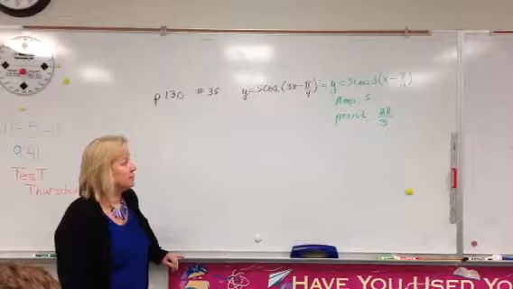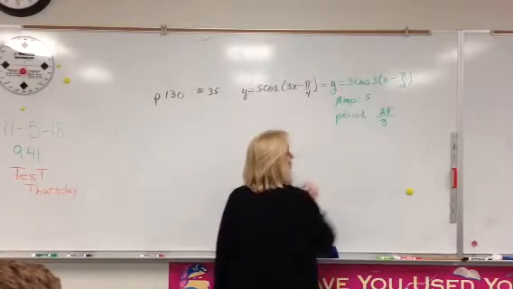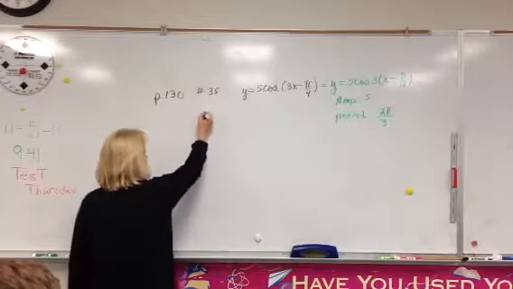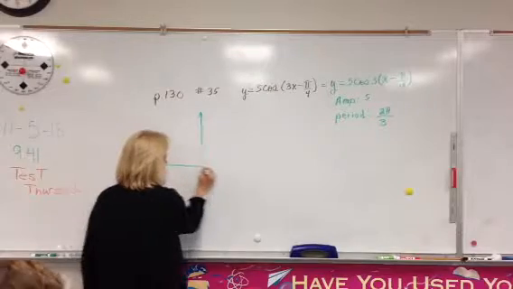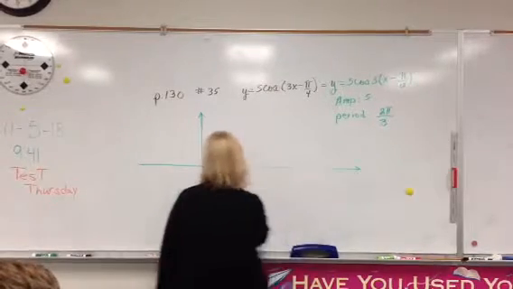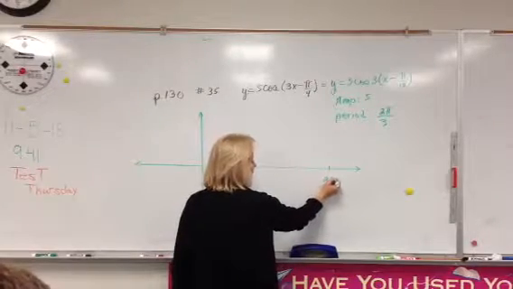Okay? The period is always 2 pi divided by that number, if there is a number there. So 2 pi over 3.